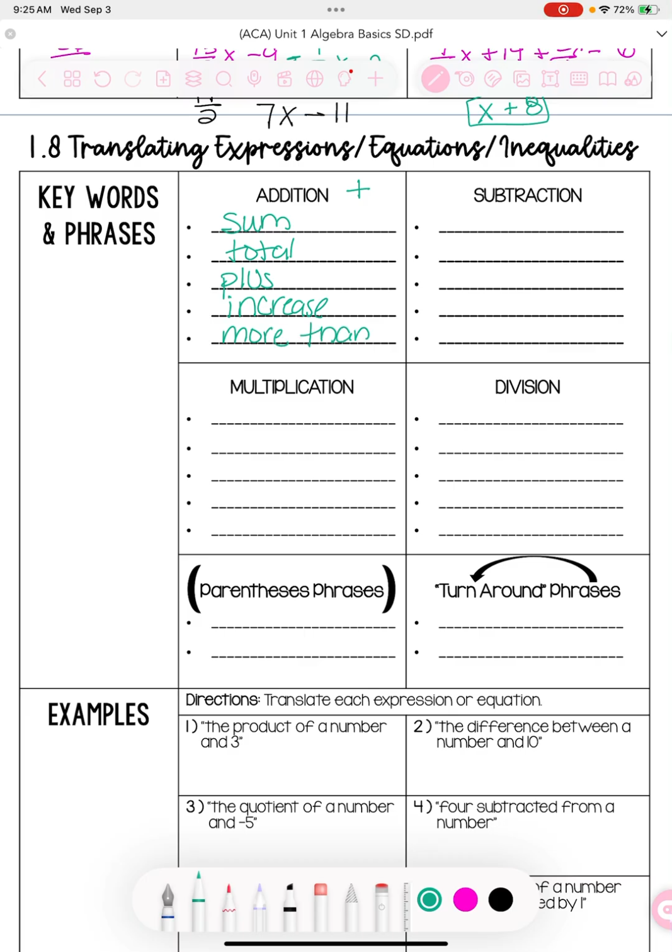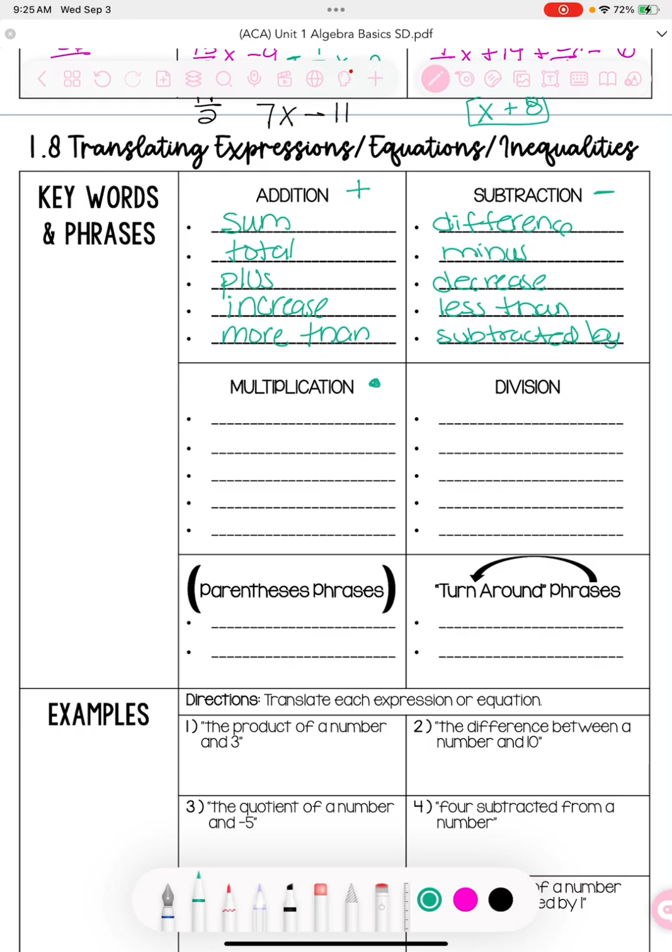Those are all going to be plus. Subtraction would be instead of the sum, we're going to have the difference, minus, decrease, less than, and of course when we put the word in, subtracted by.